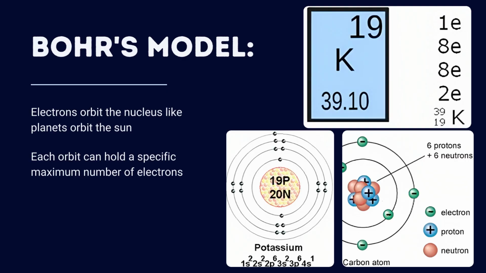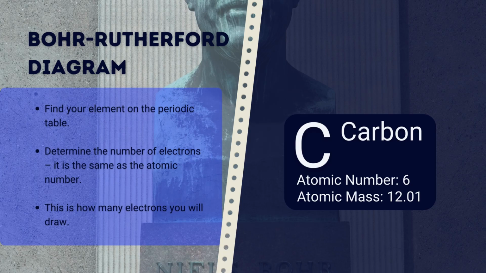A Bohr-Rutherford diagram is a way of representing the arrangement of electrons in an atom. The diagram shows the nucleus of the atom, which contains protons and neutrons, as well as the electrons arranged in different energy levels or shells around the nucleus. Each shell can hold a certain number of electrons.